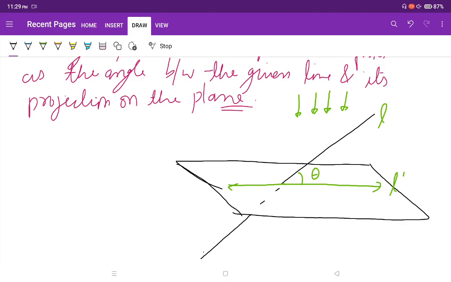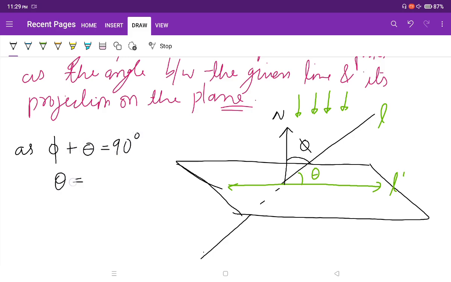Now what if I know the angle between the line and the plane? That is what we need to calculate. So what we will do is use the normal. If I know this angle, this is phi. Suppose I know phi, then I will know theta, as phi plus theta equals 90 degrees.